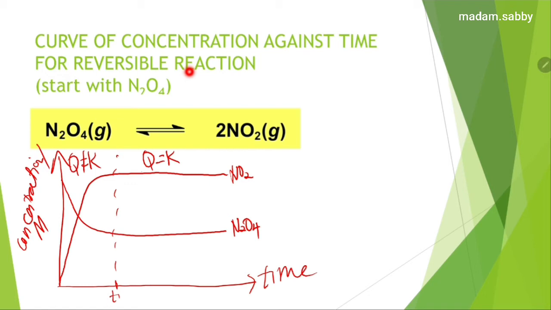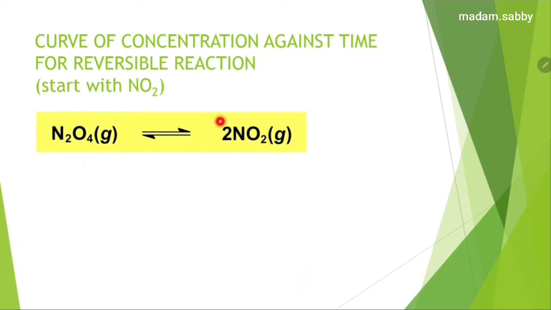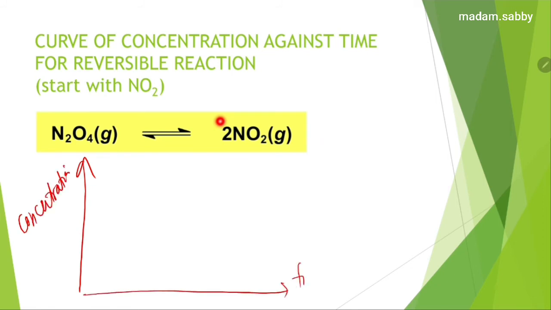So how does it look when I start with NO2? Again, concentration on the y-axis and time on my x-axis. Now I start with NO2, so the initial concentration is my NO2, and N2O4 starts to build up.